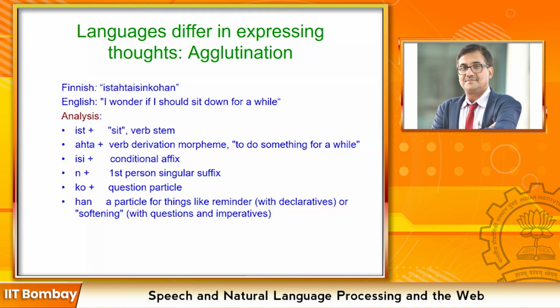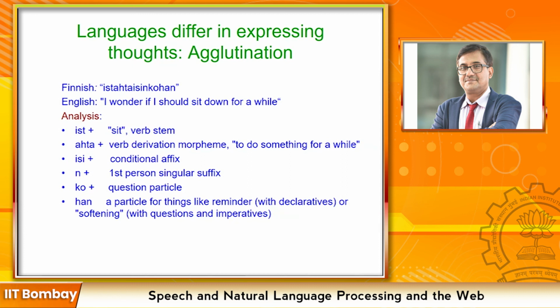His name is Nivre, okay, dependency parsing, a big name in NLP, who gave this spanning tree based algorithm for dependency parsing, which we discussed last time. So Nivre gave me this string. Okay, istahata isin kohan. I wonder if I should sit for a while. This string and English translation.